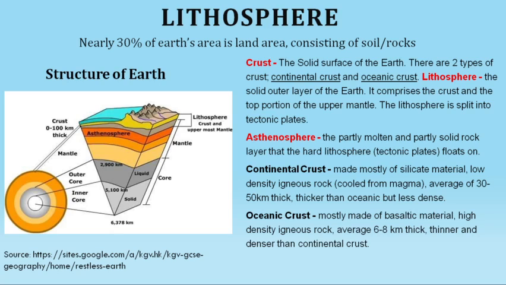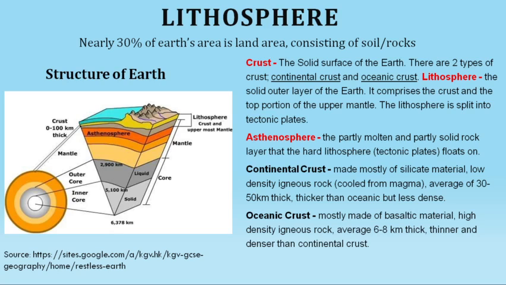Now, talking about the oceanic crust, it is mostly made up of basaltic material. These are also called basalt rocks. The oceanic crust is actually high density igneous rocks. The thickness is on an average 6 to 8 kilometers. These are thinner and denser compared to the continental crust.